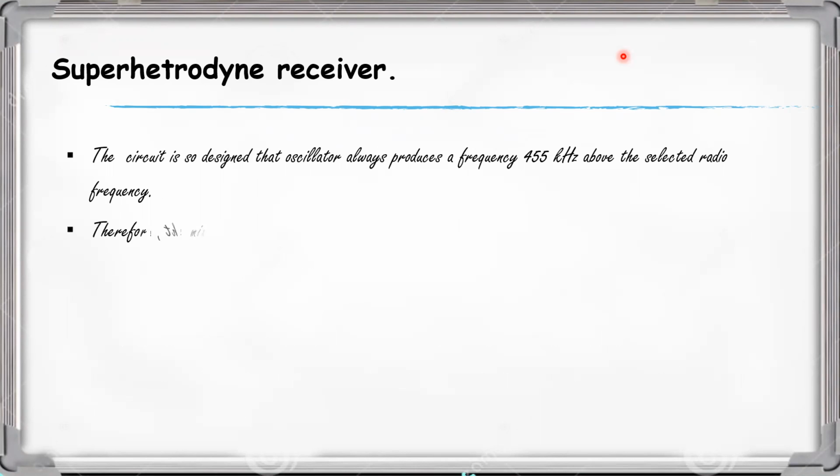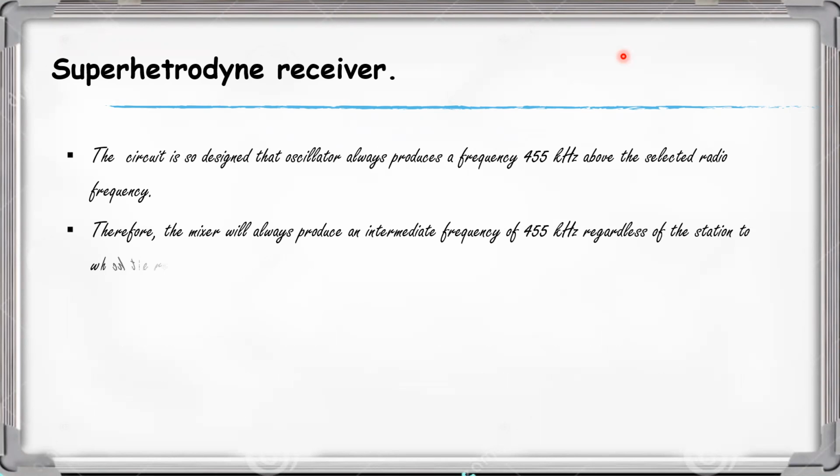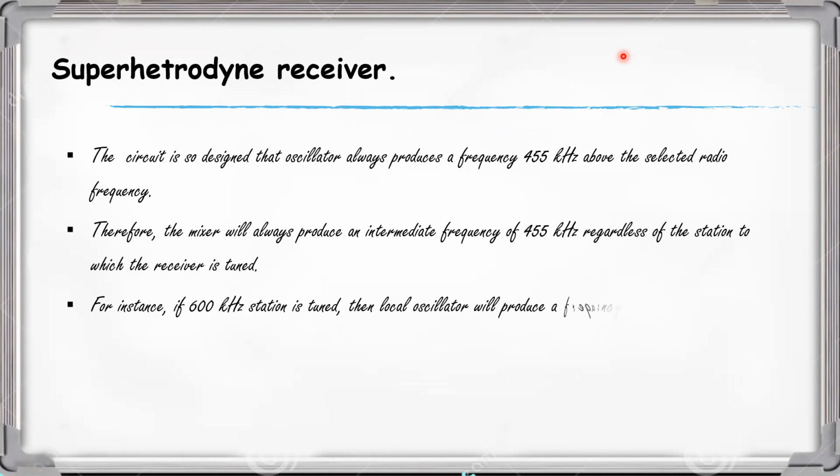That intermediate frequency is 455 kilohertz, which means when a radio station has a frequency of 600 kilohertz, the local oscillator will produce a frequency of 1055.